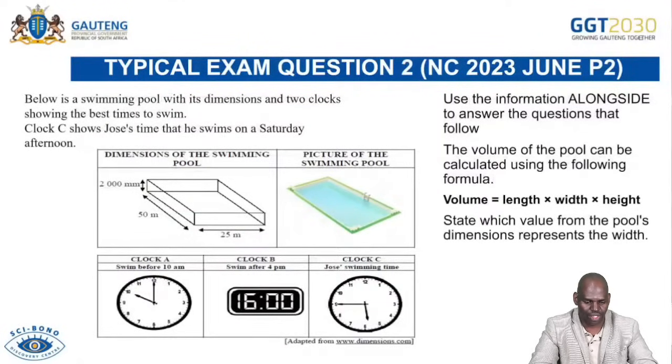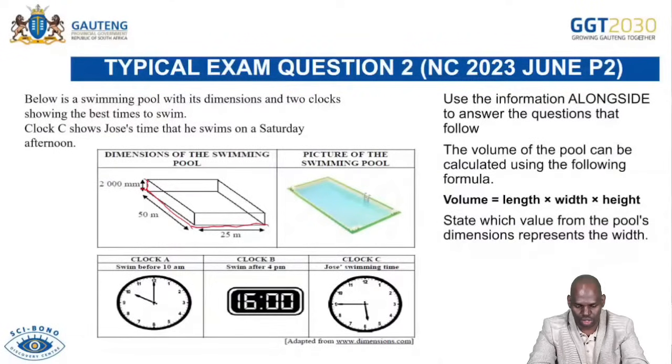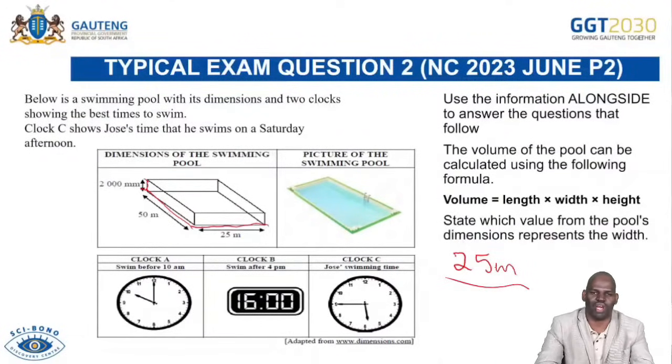We were told that this one is the height, and this one is the longer side, so therefore it is the length. So obviously the width will be the shorter side. For this one, you just write it down. It's just 25 meters. You don't even have to do the calculations. It will not even take you longer than a minute. Then you are done. Very, very easy.